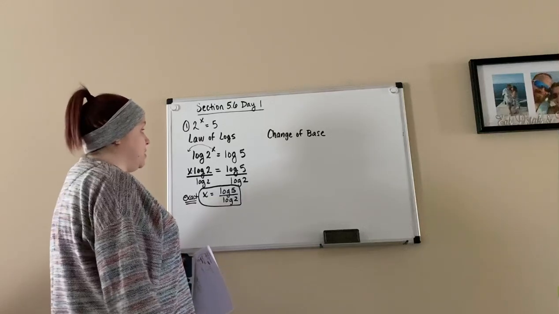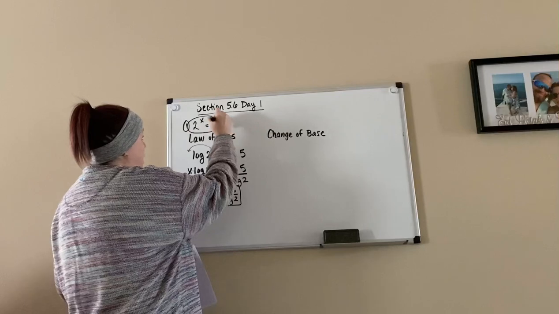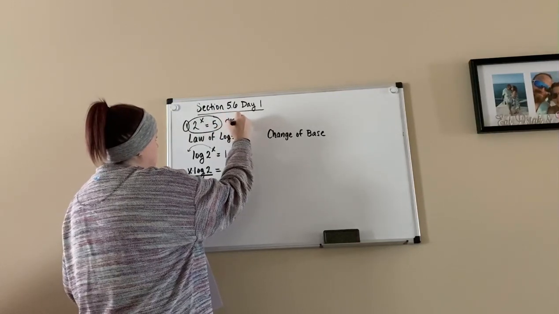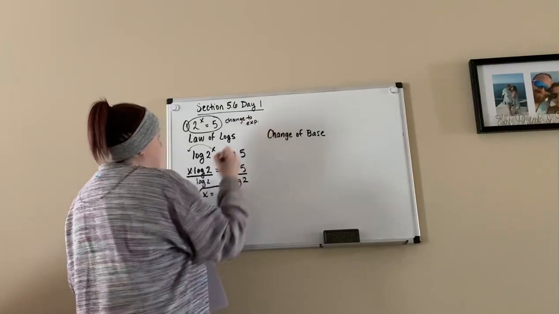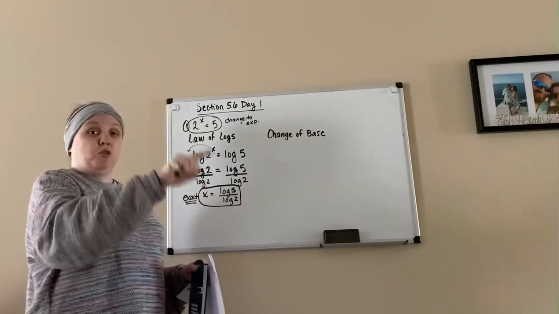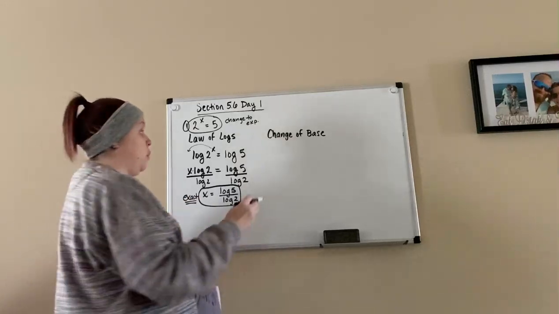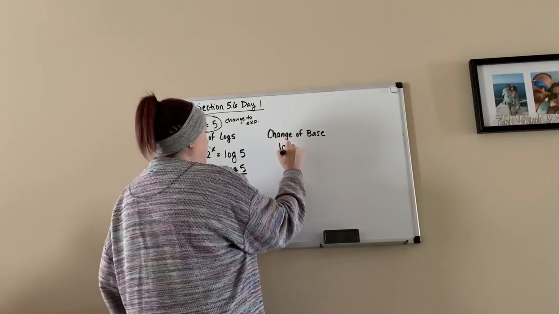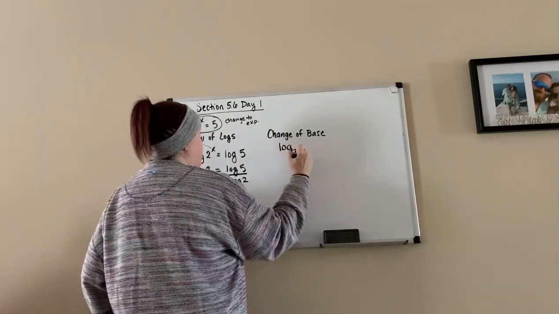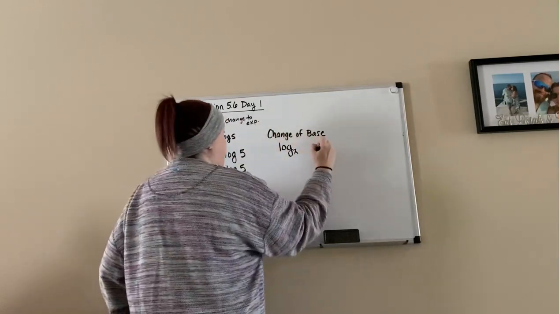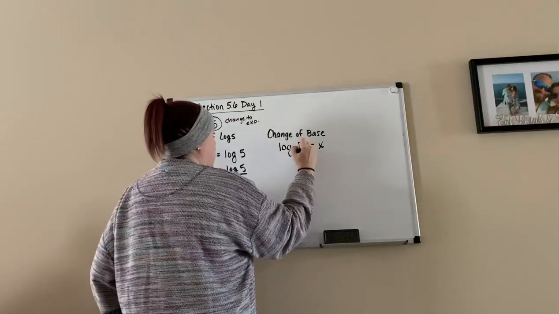Now for change of base, for these first problems, what you have to do is you have to take the original problem and you have to change it to its exponential situation, where we have to do that around the circle thing, and we have to go way back to section 1 where we did that, where we write log, and then the 2 goes in the bottom, the x goes on the other side, and the 5 goes in the middle.